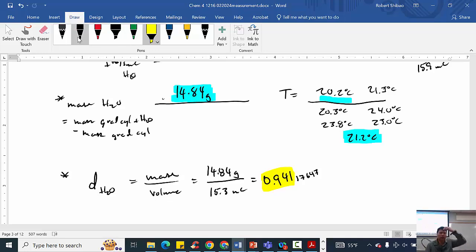The units of the density are going to be grams per milliliter. This is what we call the experimental density. What did you get? 0.96993.